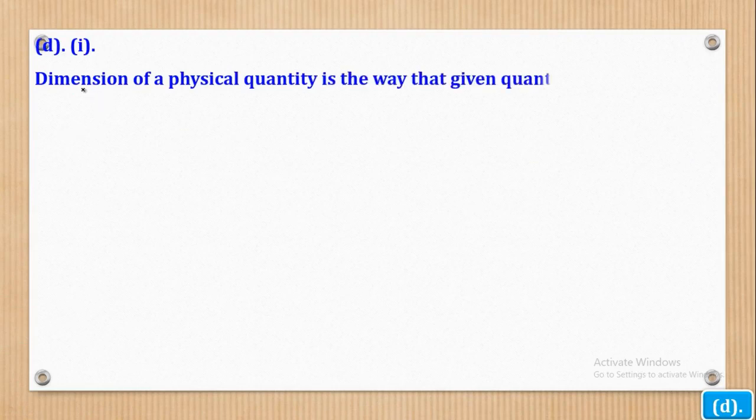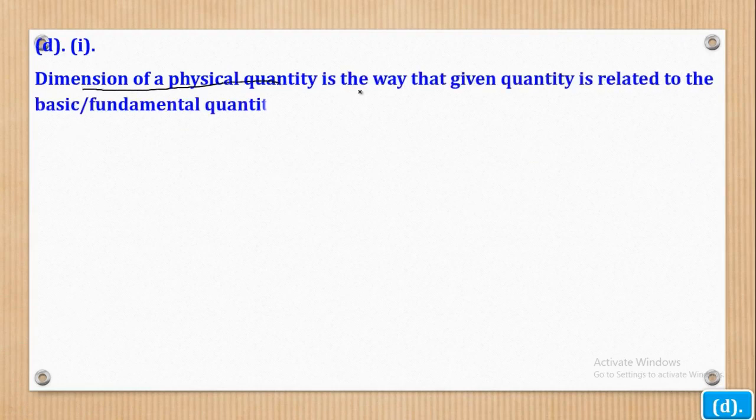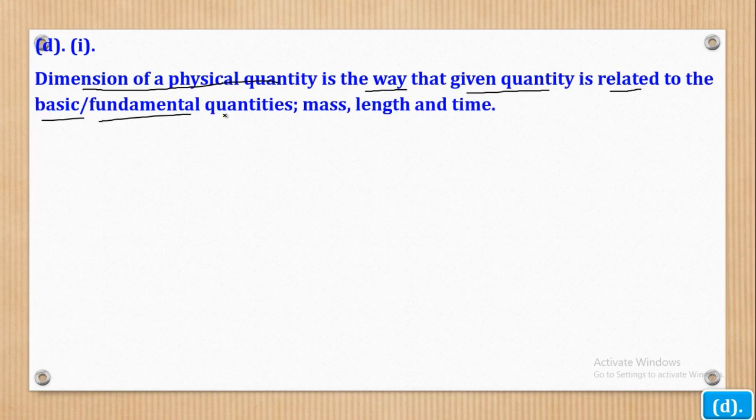So we shall say that the dimension of a physical quantity is the way that a given quantity is related to the basic, you can use the word basic or fundamental quantities, and you also state them, that these quantities are three, and they are mass, length, and time. So that was Roman 1. Now we shall go to Roman 2.